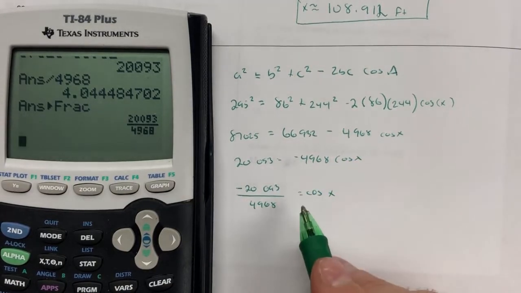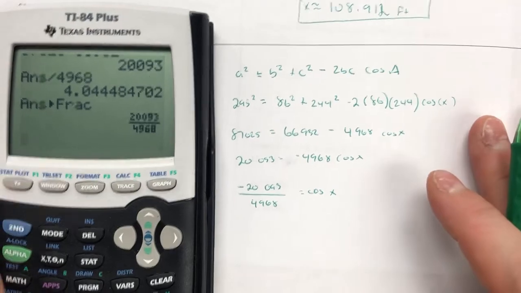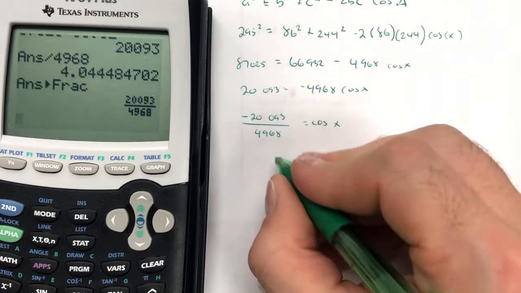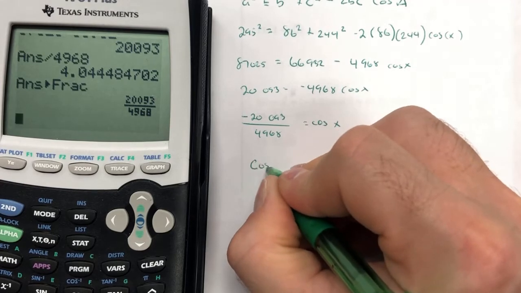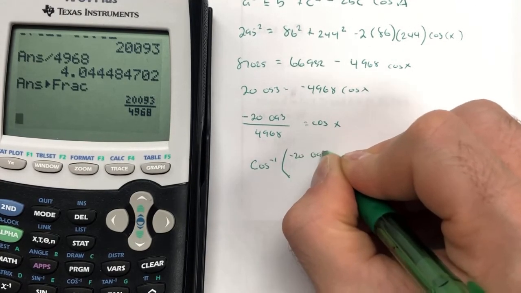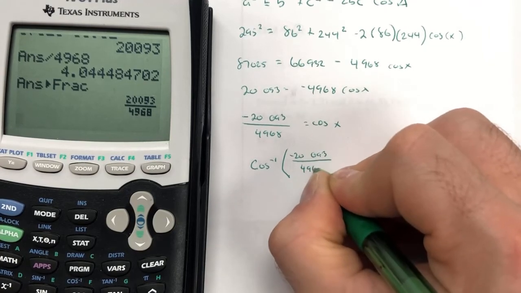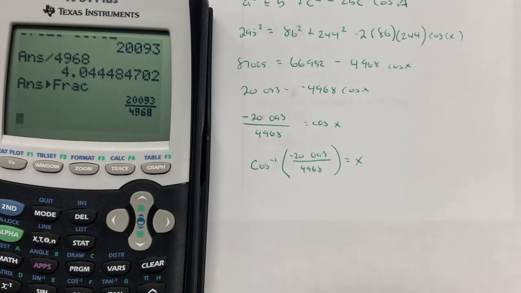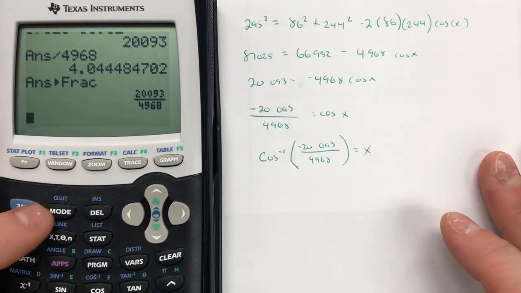Okay. And we know to get the x out of the cosine, in order to type this into the calculator, I just use the inverse trig function. So this will become the inverse cosine is equal to x, and x is going to give me my value. Now, in the case of us, I'm going to check my mode.